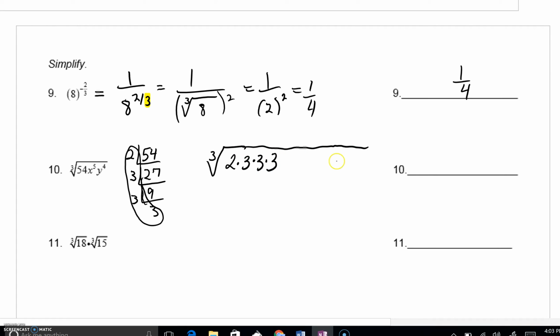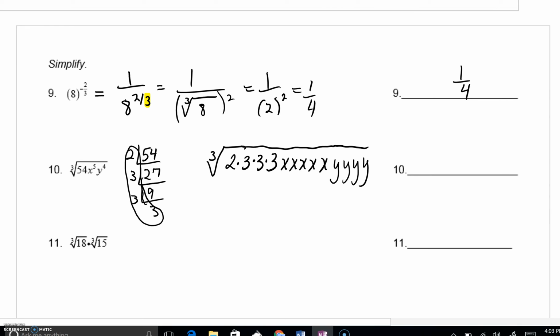Now, of course, there's more to this problem. There's x to the 5th. That's 5 x's multiplied all together. You can see I literally wrote out a product of 5 x's. With y to the 4th, that would be 4 y's. And you can see I've literally written that out as well.